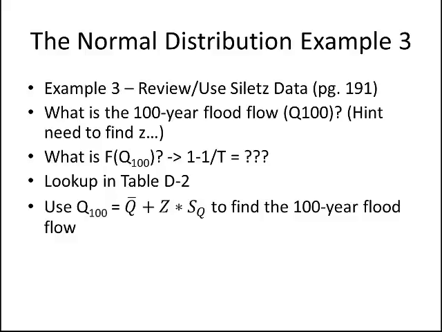And so in the Siletz example, they have a bunch of USGS data, and we'll work with this in lab and also in class. And they found the mean of all that data. They found the standard deviation. They looked up the z-value for the 100-year flood event. And what you're able to do then is basically back calculate what the flood flow is for a 100-year event based on the mean and the standard deviation of the data that you have.